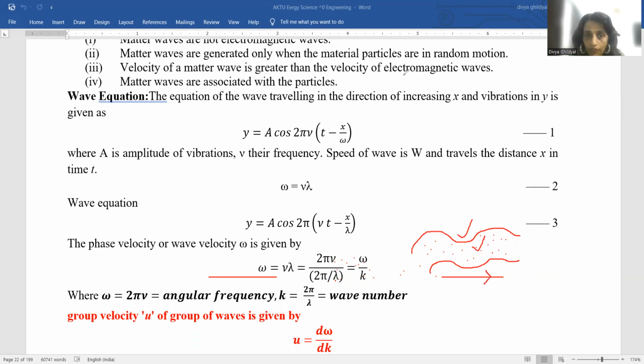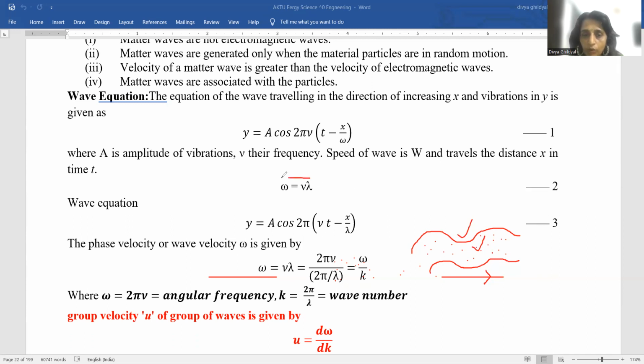Now, wave equation. The equation of a wave traveling in the direction of increasing x, the general equation is given by y is equal to a cos 2 pi mu into t minus x upon omega, where a is the amplitude of vibrations, mu is my frequency, and the speed of the wave is omega, which is traveling in the x direction.